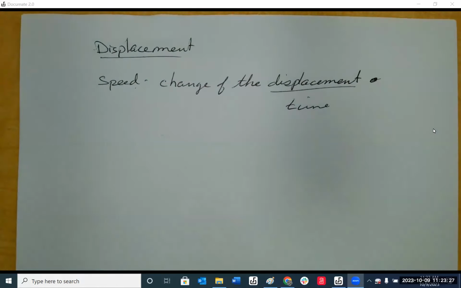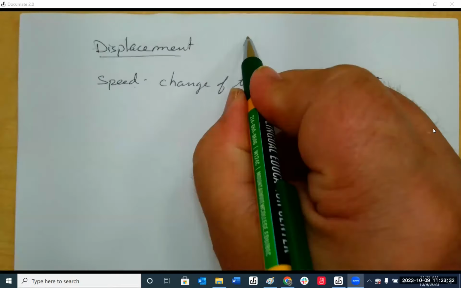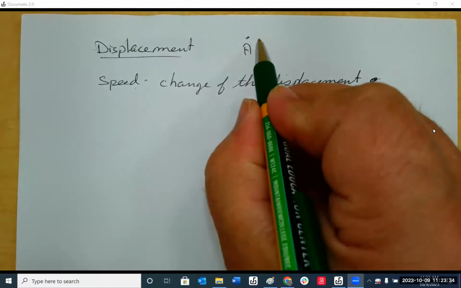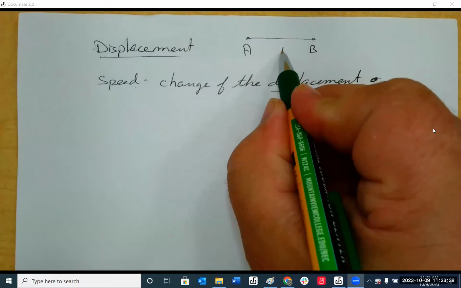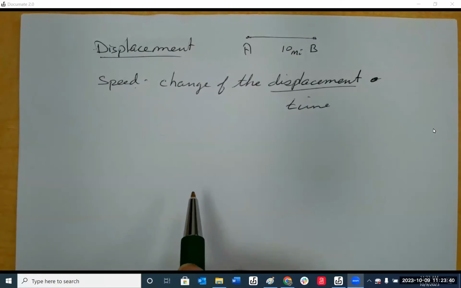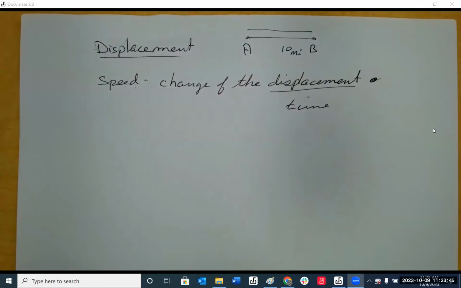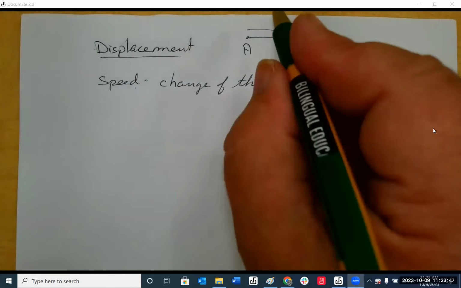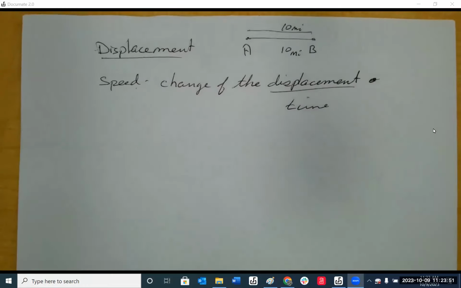Displacement is your position. So if you started here at point A, that's your home, and you go to school, let's say that's 10 miles, and you go back, how far did you travel? The 10 miles also. They're each the same distance.